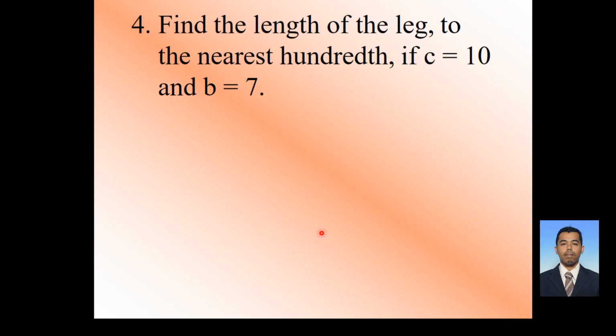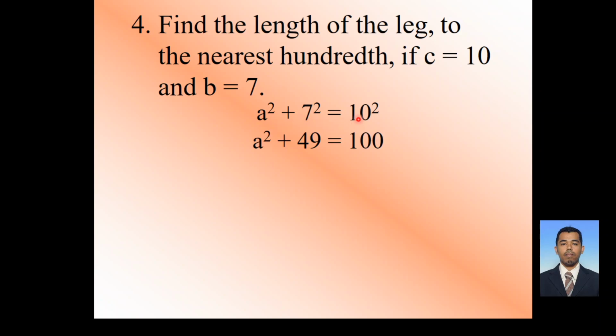Let's see example number 4. Find the length of the leg to the nearest hundredth if C equals 10 and B equals 7. Therefore, you must find the value of A, one of the legs of the right angle triangle. So A square plus 7 square is equal to 10 square.